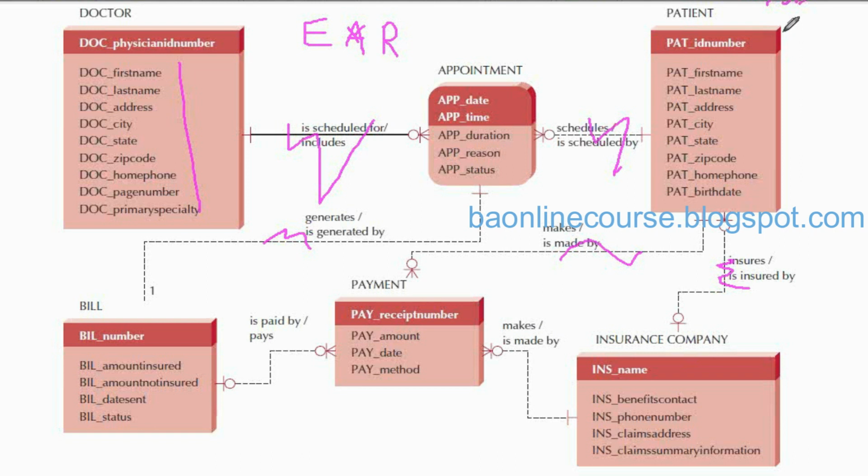Why? Because let's say I want all the patient information to be retrieved, so all the payments made by this patient. Okay. Now, if I have not stored this relationship, I cannot link any of these payments to the patient. Right? So obviously, it becomes difficult for me to retrieve that information.